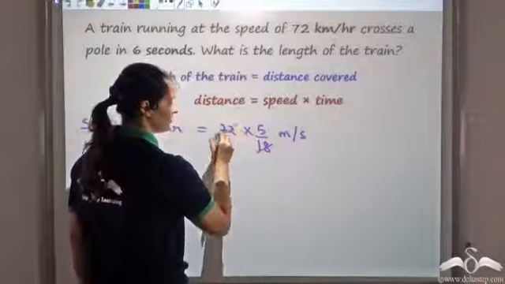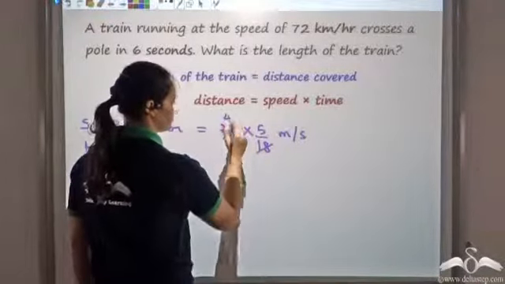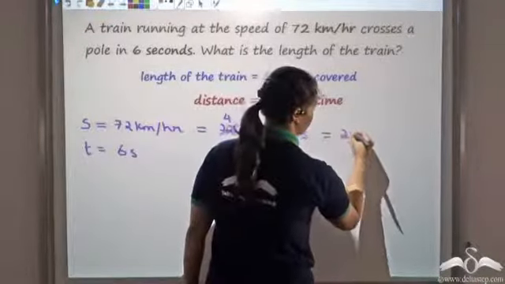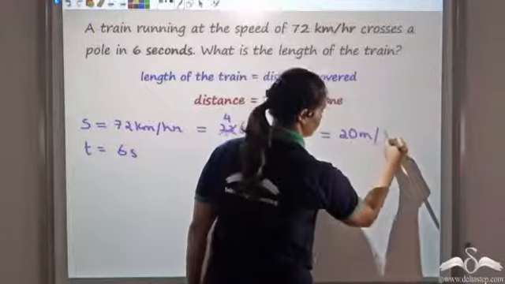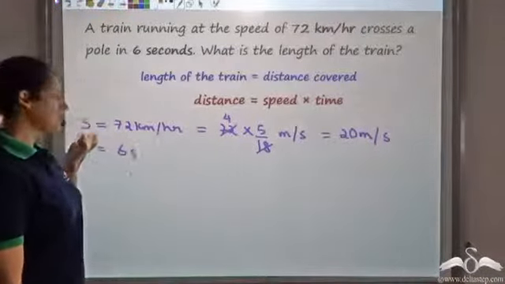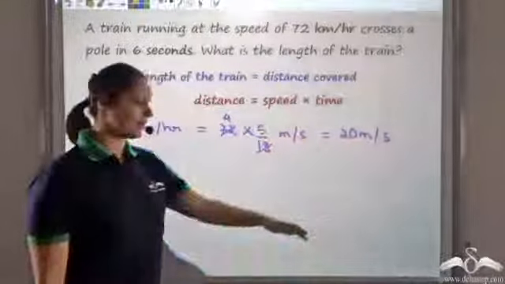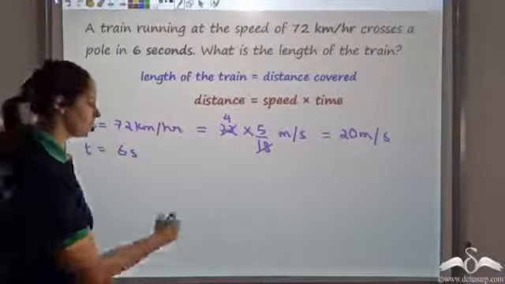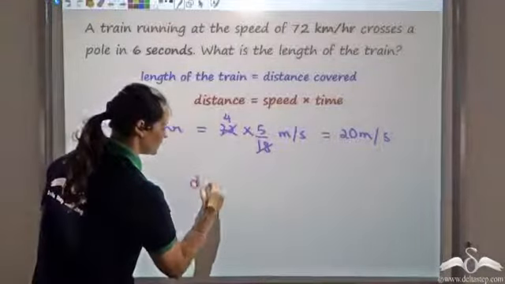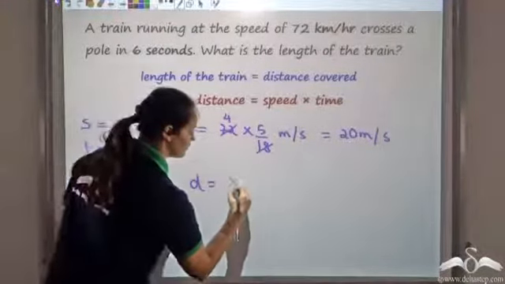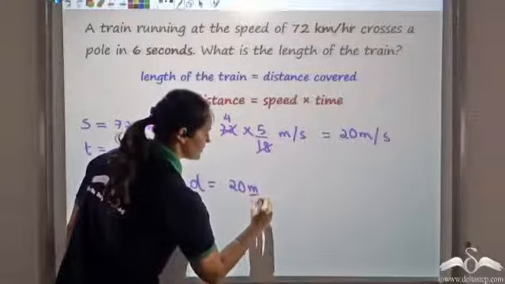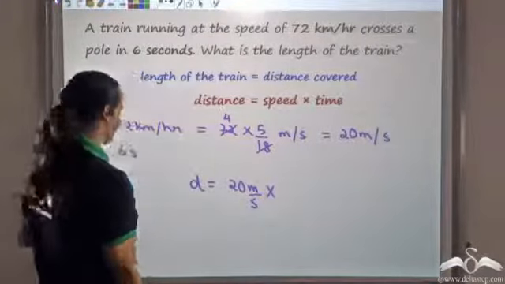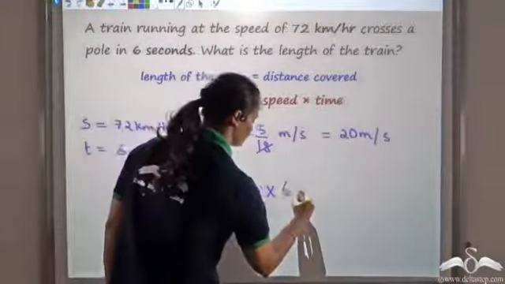Which gives me 20 meters per second. So I get the speed as 20 meters per second. The time is 6 seconds. Now I can find the distance. So distance D would be equal to speed, which is 20 meters per second, into time, which is 6 seconds.